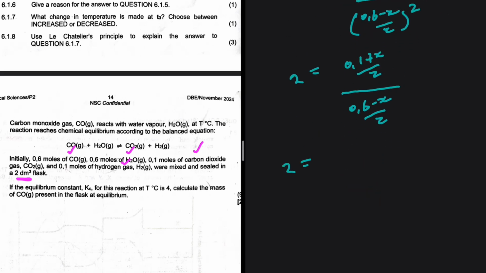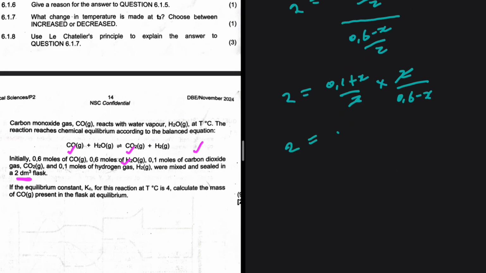So 2 is equal to 0.1 plus x over 2 multiplied by 2 over 0.6 minus x. The 2 and 2 cancel out. 2 is equal to 0.1 plus x over 0.6 minus x.